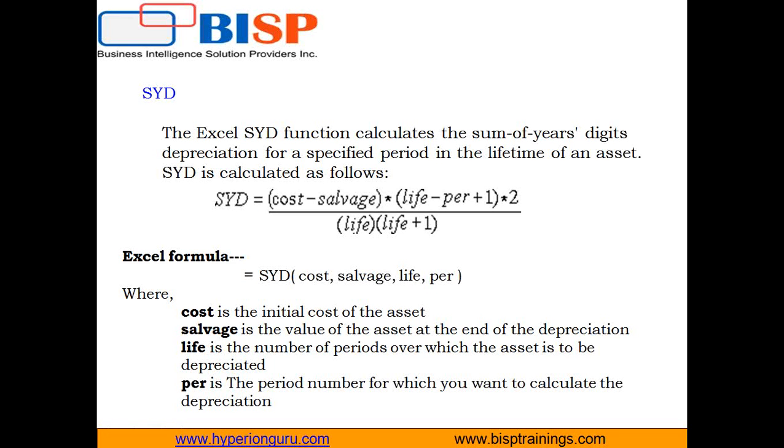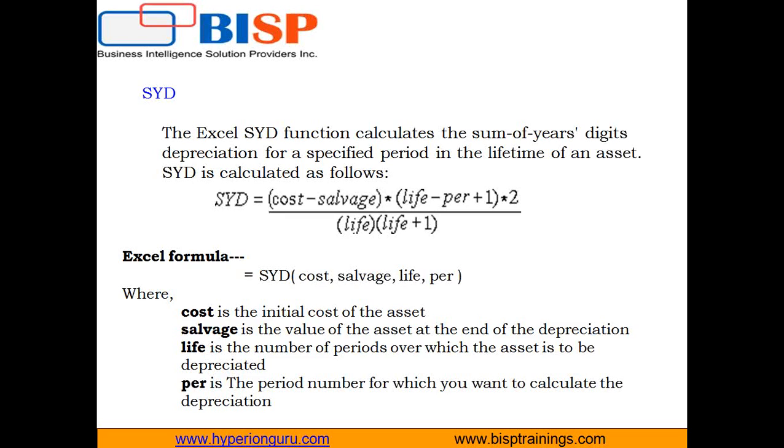So the first function is the SYD, and this function stands for sum of years. It returns the sum of years digits depreciation of an asset for a specific period. There are many acceptable methods for calculating depreciation schedules, some of which are more aggressive than others.